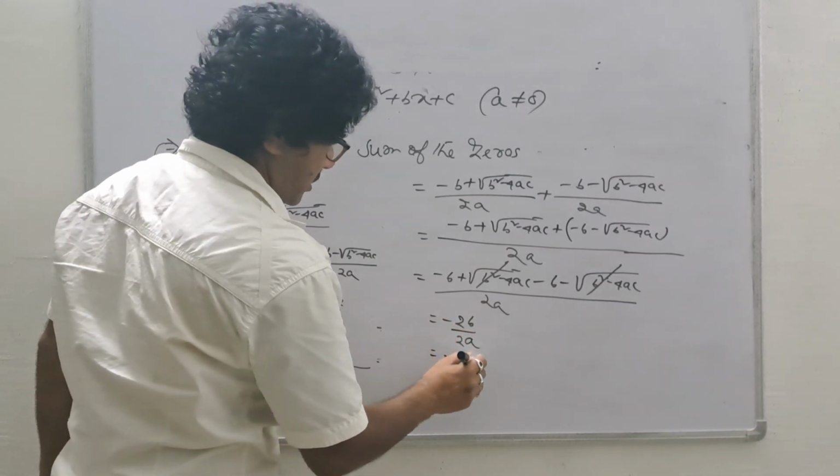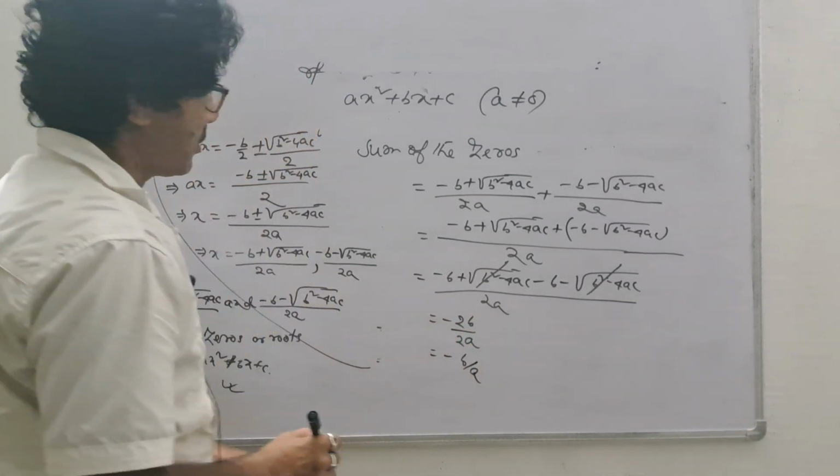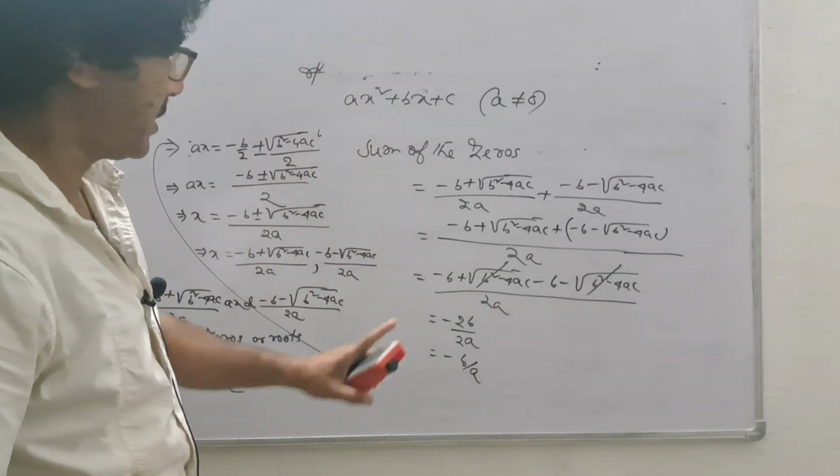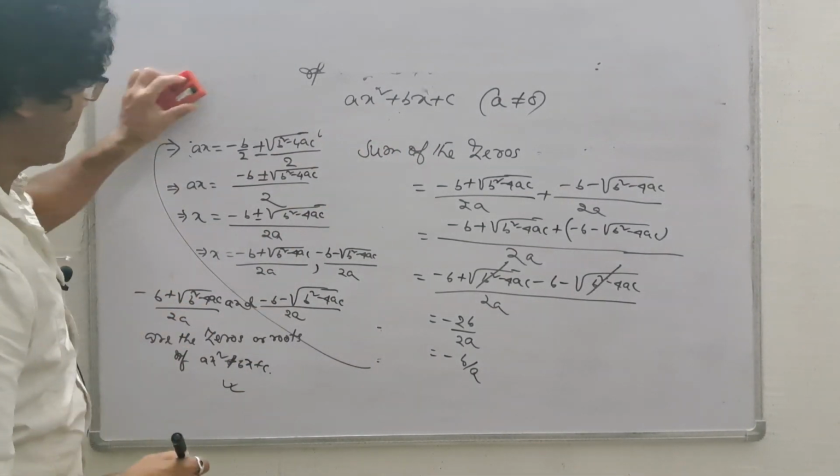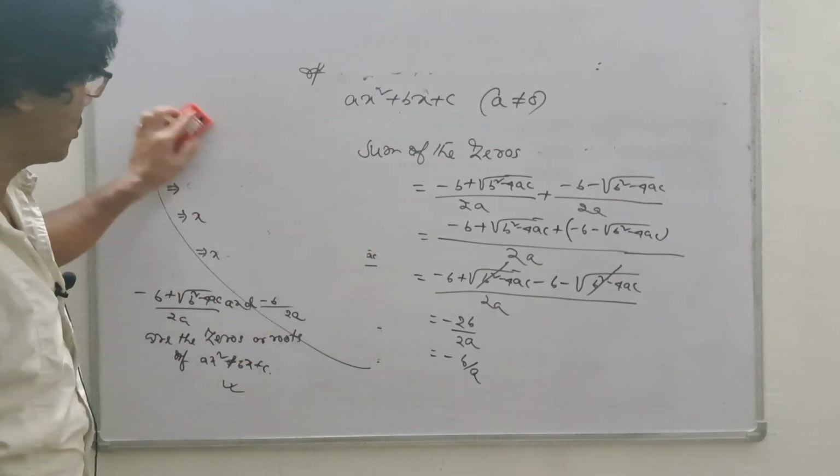So what we are getting? Minus b by a. The sum of the zeros of the polynomial is equal to minus b by a.